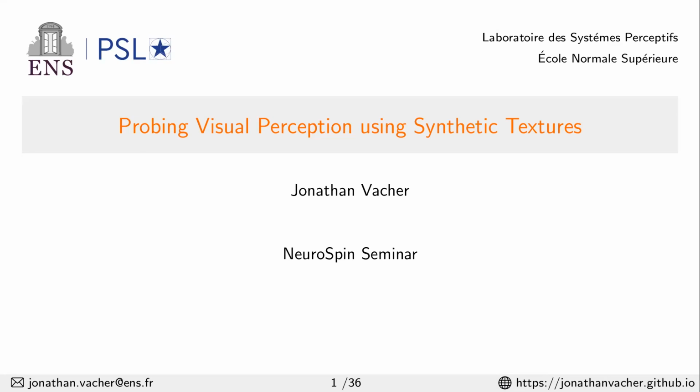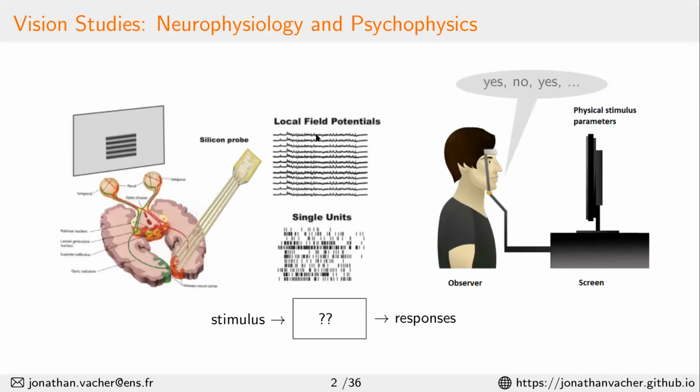Yeah, thanks a lot, everyone, for being here. I'm really happy to be able to present here. I will mostly talk about my work on synthetic texture. During my PhD, I started to work in neurophysiology, as Florence said, in the lab of Yves Frégnac and Cyril Monier, where they were doing recordings in the cat.